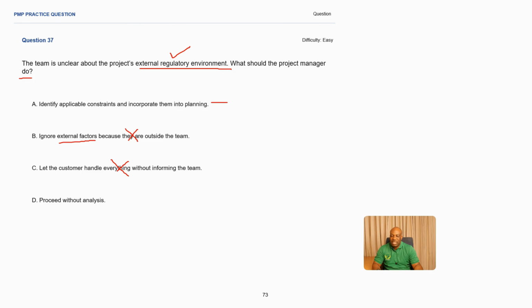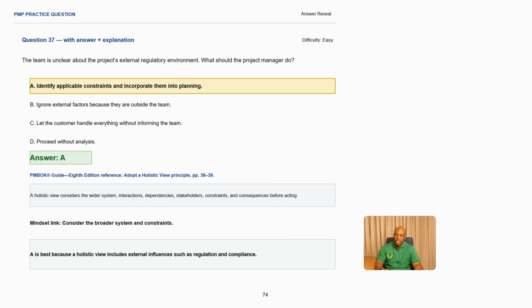Proceed without analysis. This is very dangerous. You don't proceed in a project environment without analysis. You need to understand the effect and the impact of this external regulatory item, making this an incorrect answer. Therefore, the best answer in this scenario is A, which is identify applicable constraints and also incorporate them into planning. What is our reference in the PMBOK? It is the adopt a holistic view principle.